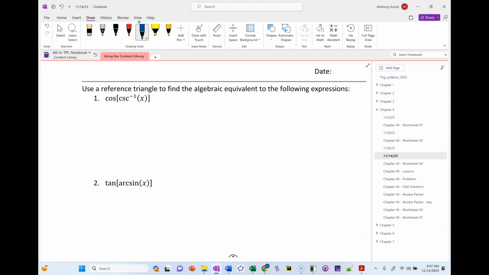All right. So we're going to think about cosecant inverse of x as my theta. So cosecant of theta should equal x. In a right triangle with acute angle theta, what is cosecant equal to?